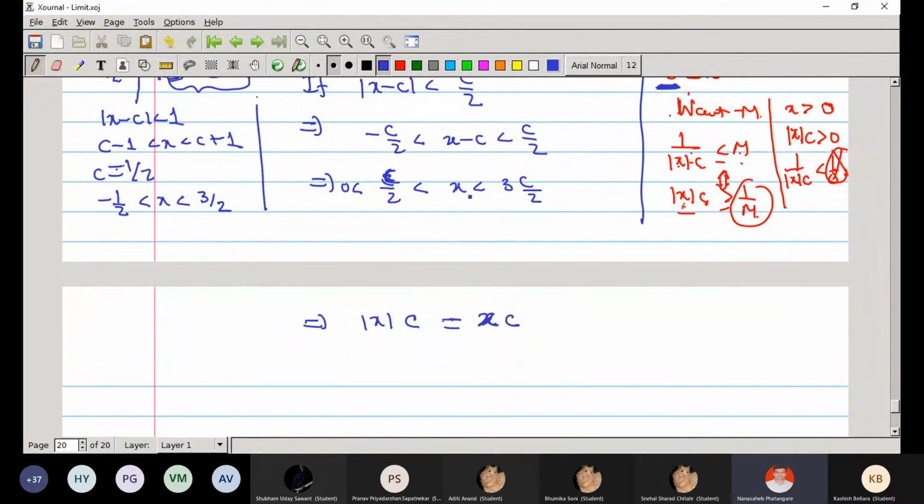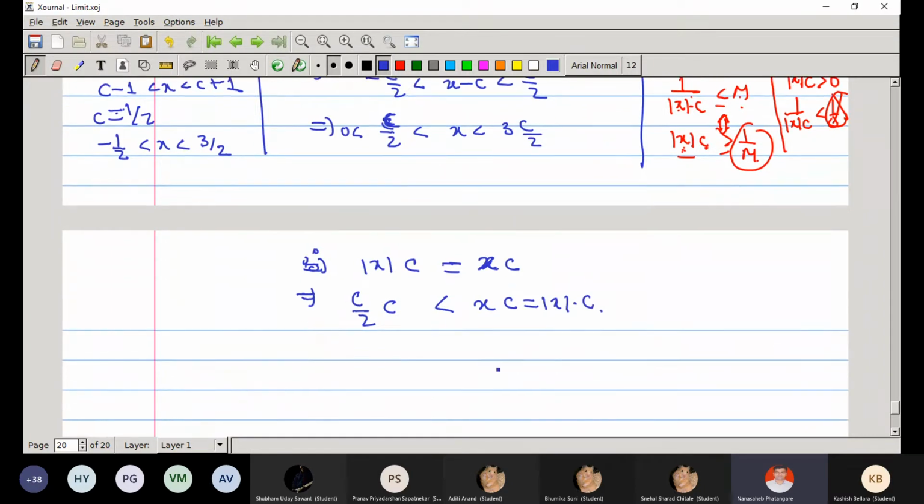And since my x is greater than c/2, therefore xc is greater than c²/2, where xc is the absolute value of x into c. Is this correct?